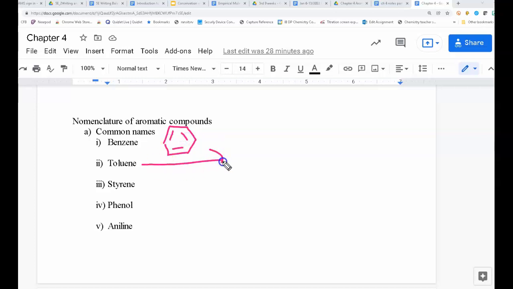And then we have toluene, which is written as this, and it has a CH3 attached to it. That's a 3, everybody. And then we have styrene, which has a CH to CH double bond on it.